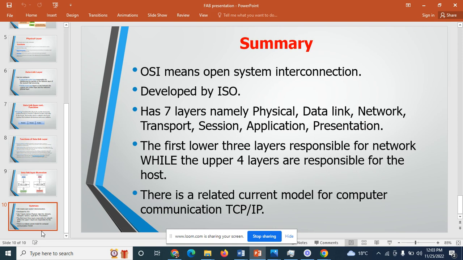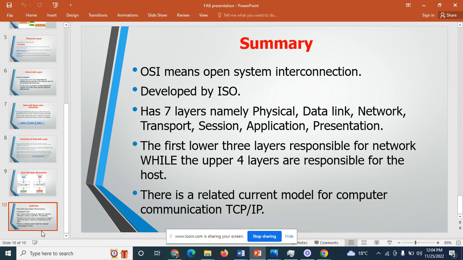We have 4 others, which we are supposed to look at and understand the functionality of each: network, transport, session, application, and presentation. The lower 3 are responsible for the network, and the layers above them are responsible for the host, the computer or the device that you are using.